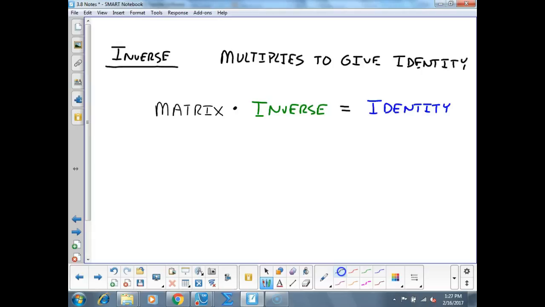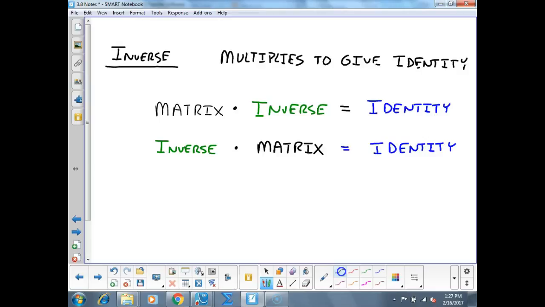Or an inverse times the matrix gives us the identity.